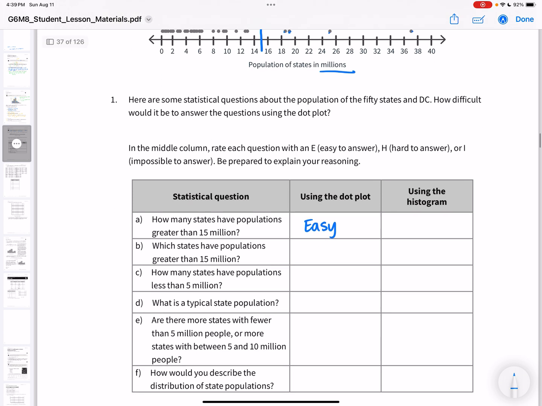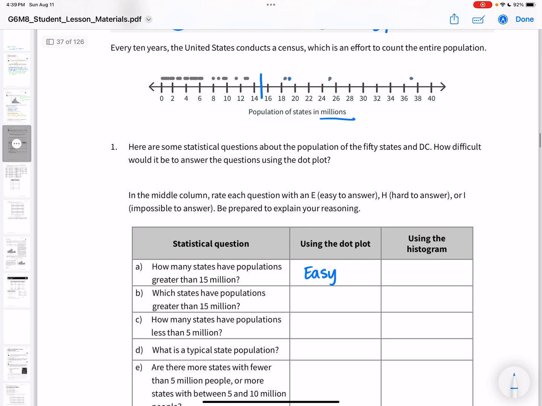Which states have populations greater than 15? Well, it's asking for specific state names. Are the states named on the dot plot? So that would be not just hard, but impossible to answer, because the dots aren't labeled.